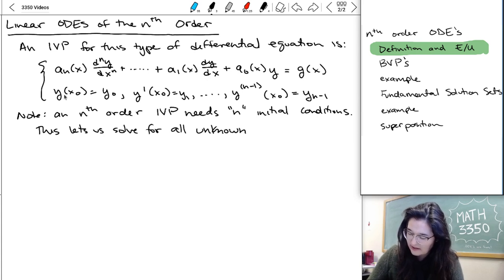The reason we need this is because we're going to have many more unknown constants in this type of problem. So having that many initial conditions lets us solve for all of the unknown constants in the general solution.